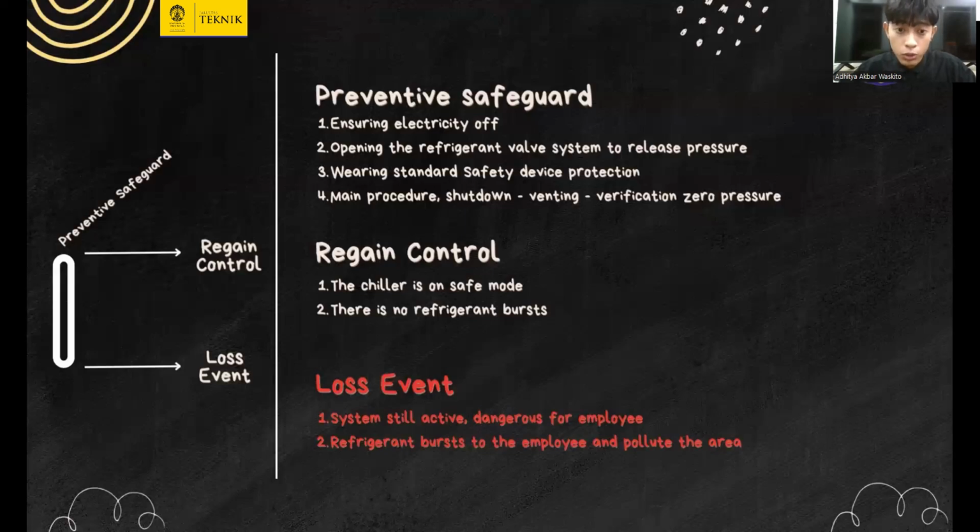But if we find out that the preventive safeguard does not run well, we will definitely go to the last event, and the system is still active, dangerous for the employee, and the refrigerant bursts onto the employee and pollutes the area. This will happen if the preventive safeguard is not applied per the procedure.